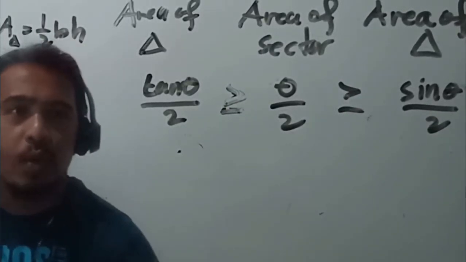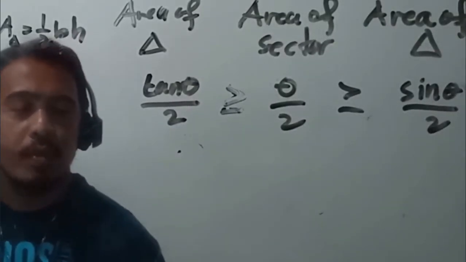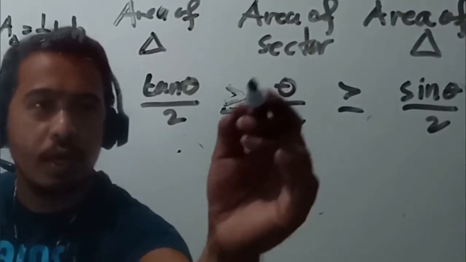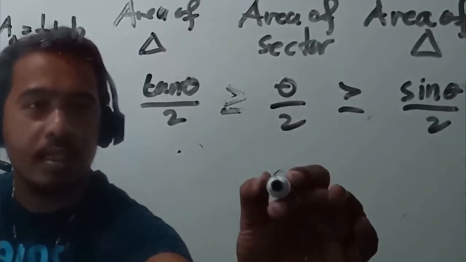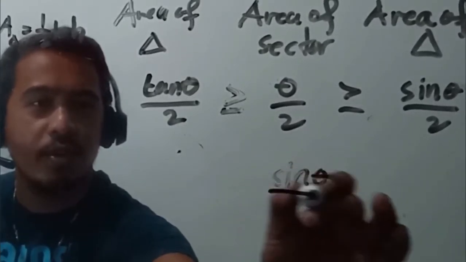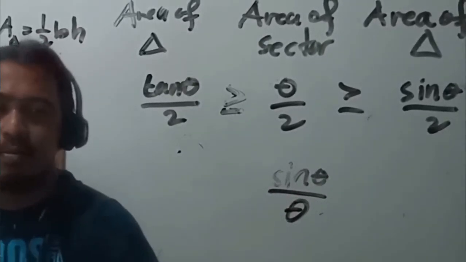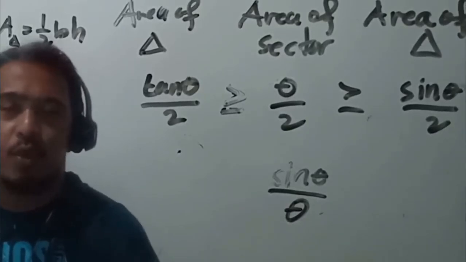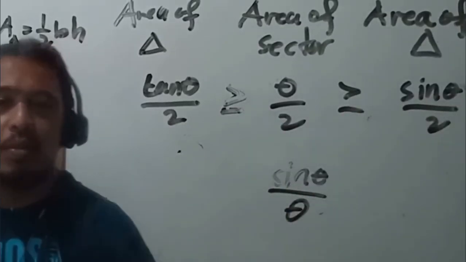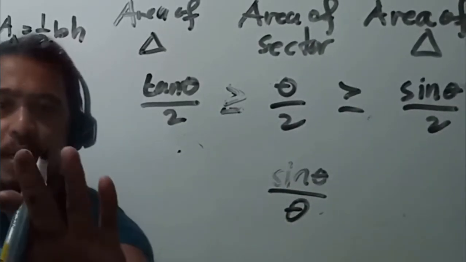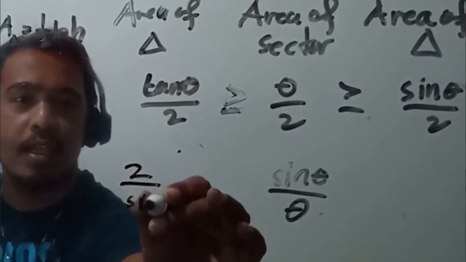After we get this inequality, we will try to rewrite this into something like sine theta over theta. It is a little bit hard, but it will be easy if you multiply all quantities in your equation by 2 over sine theta.